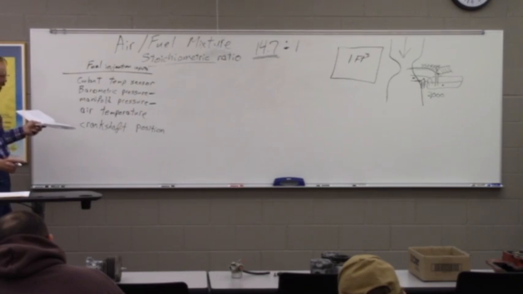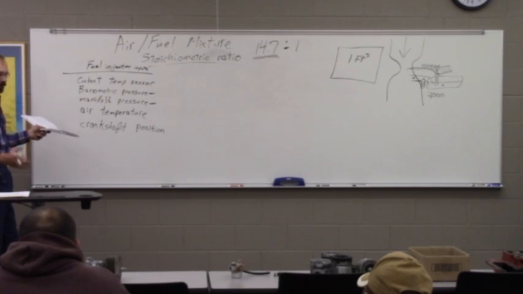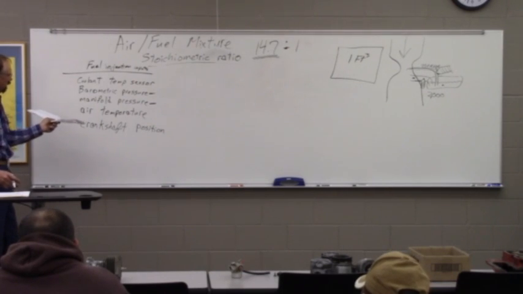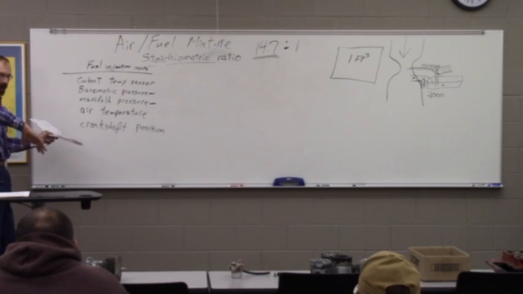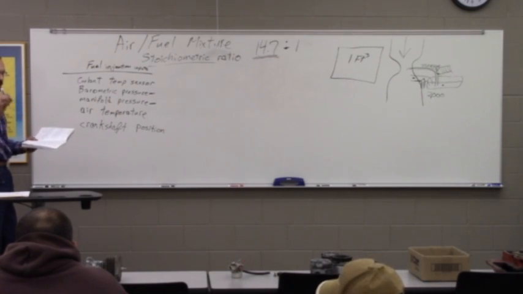Some of the fuel injection systems that are more what's known as sequential, and we'll talk about that more in a minute, they're actually wanting to know exactly what position that crankshaft is at, because they want to fire a specific injector when the piston related to it is at a certain spot in its stroke.